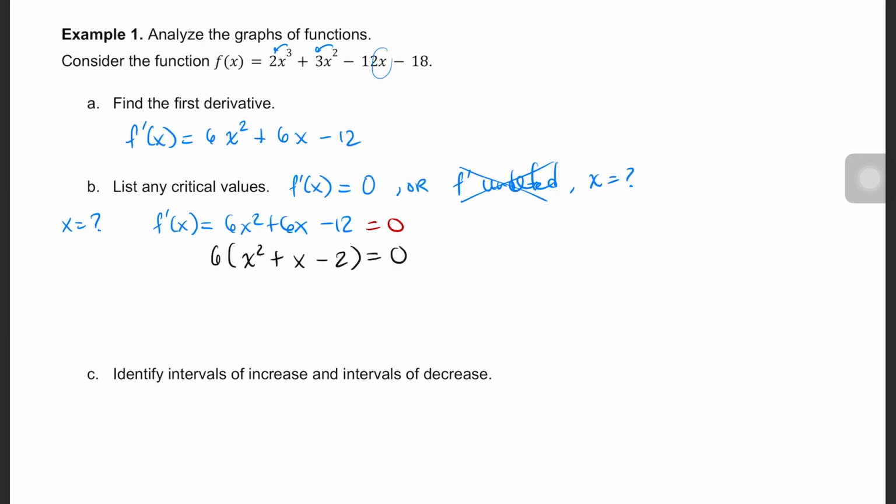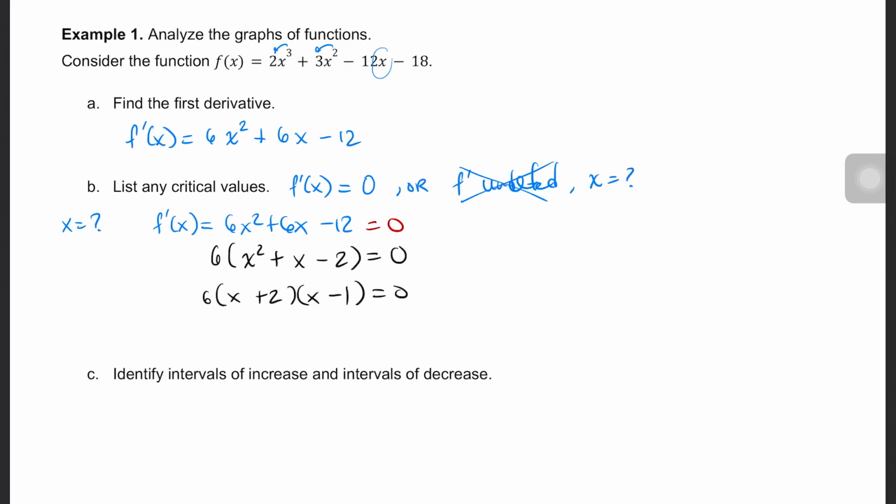Now if you think about it, we can factor this much more easily because it's a trinomial. This will give you a product of binomials, right? x plus or minus something times the quantity x plus or minus something. So we need two numbers that when you multiply give you negative 2, but when you add give you 1, and I'm thinking plus 2 and minus 1.